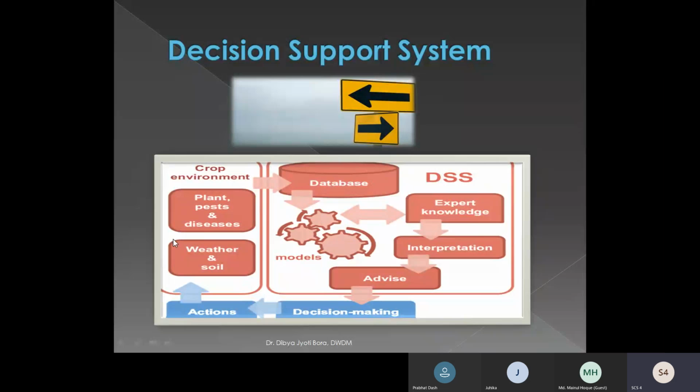I'm giving you 1 minute, then you can tell me what is actually going on in this diagram. Please try to analyze this diagram, then you will have some idea about it.